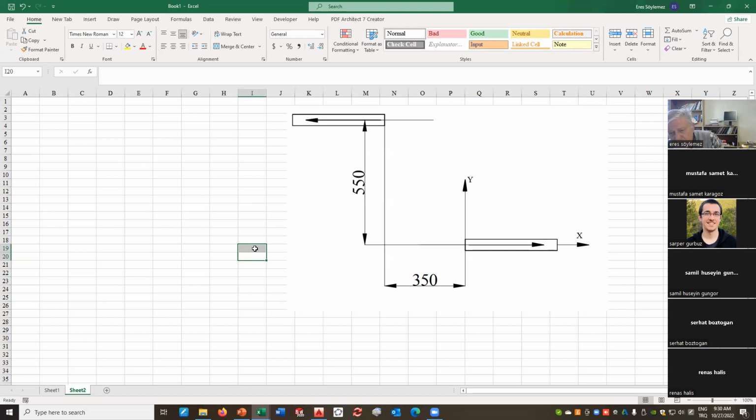The positions of the two conveyors are 350 and 550 as shown. I want to design a 4-bar mechanism to perform this task. Any questions about the problem?